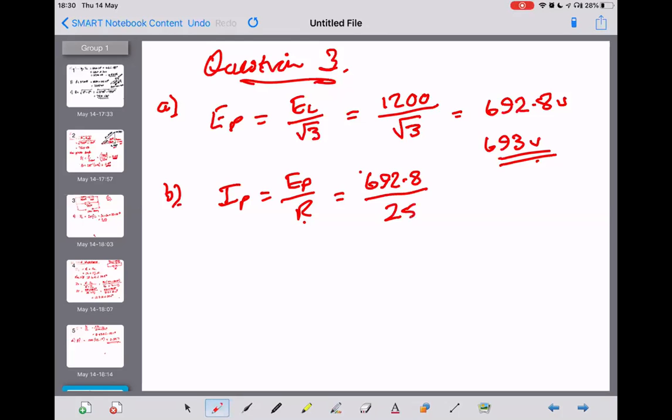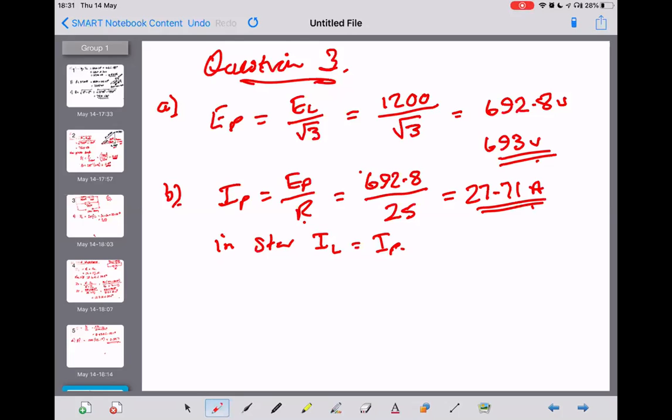And that's given me 27.71 amps. I've also made a note that in star, IL equals IP. 4 marks for those 2 bits.